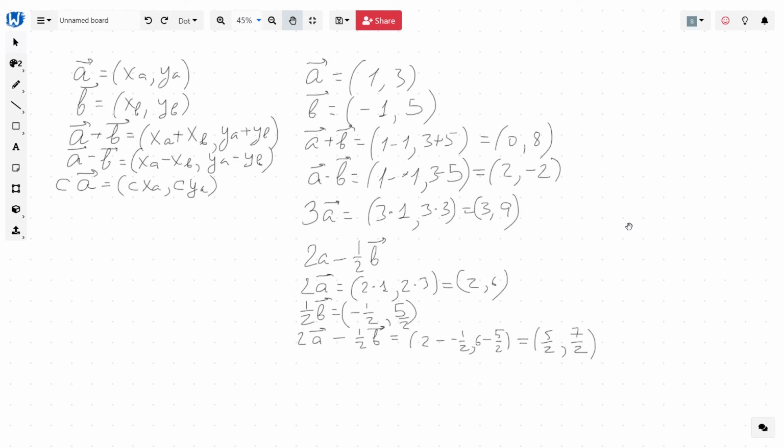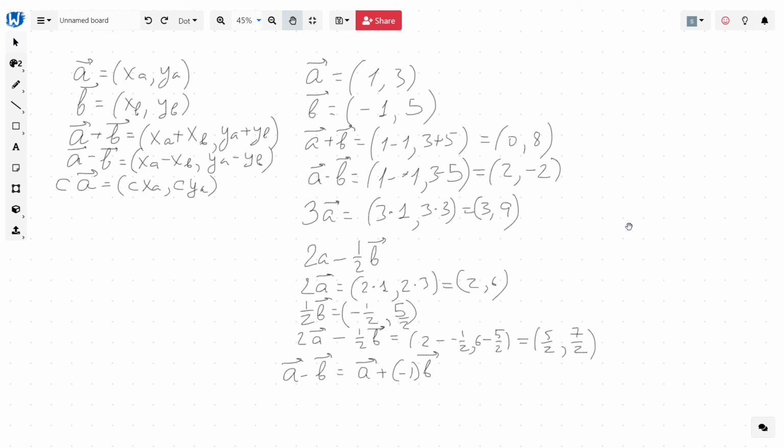The last thing I want to say, and you can actually do it as an exercise, is that a minus b is the same as a plus minus 1 times b. It's the same. So when we work with vectors, whatever operations we do, they remind us very much of the operations with numbers.